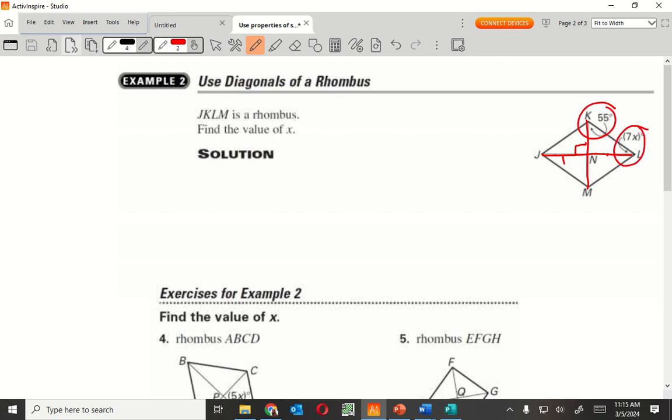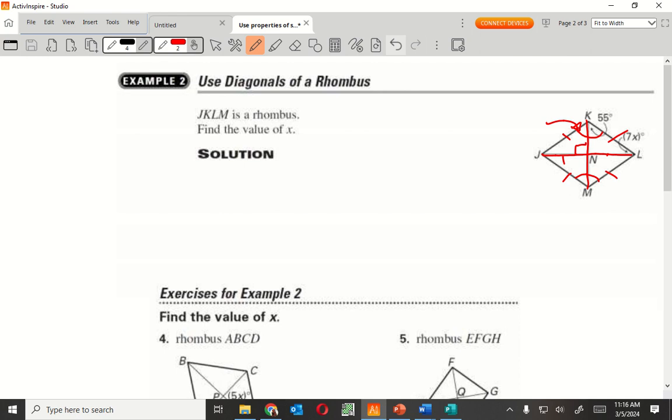Okay, and because this is a special rhombus, where all sides are the same, I know that it's going to do something to this angle. That angle and that angle are going to be cut in half. So what is it going to be on this side over here?